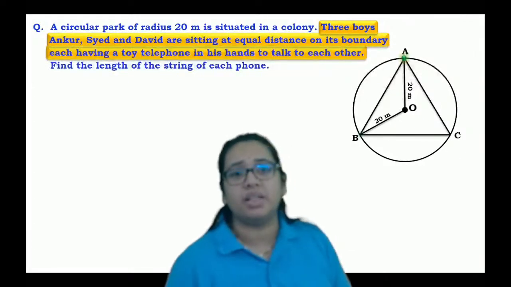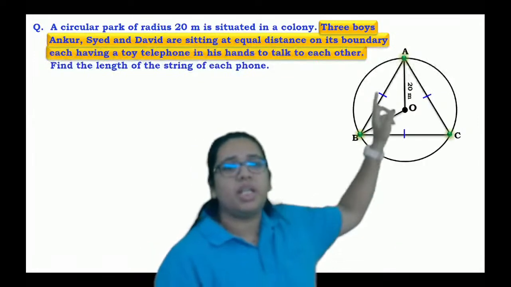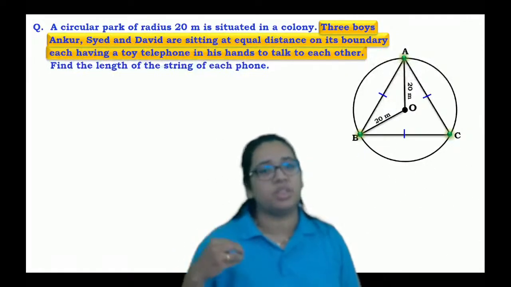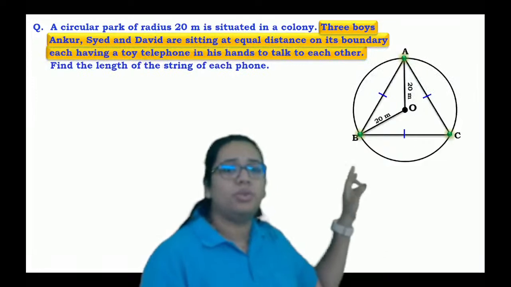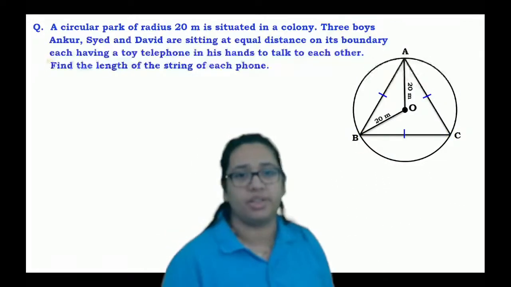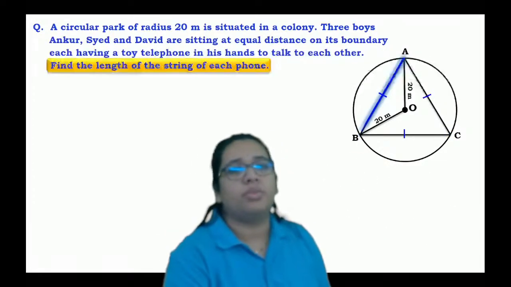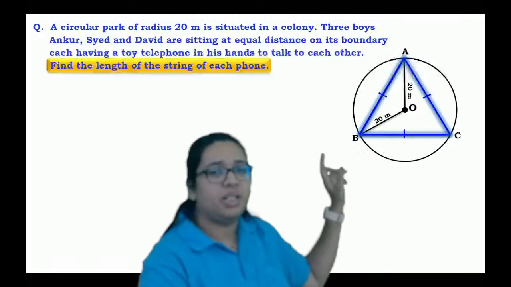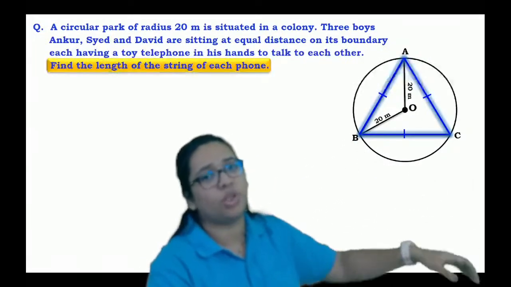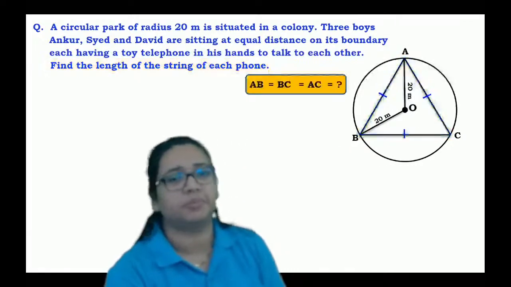Then find the length of the string of each phone. It means you just have to find the length AB, the length BC, and the length AC.